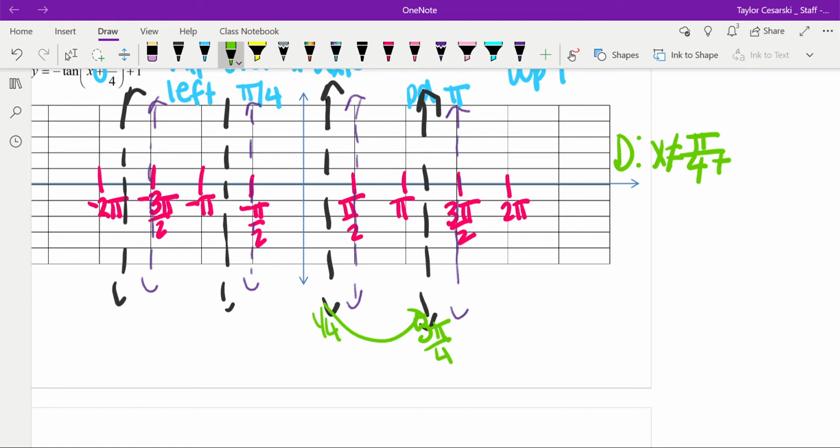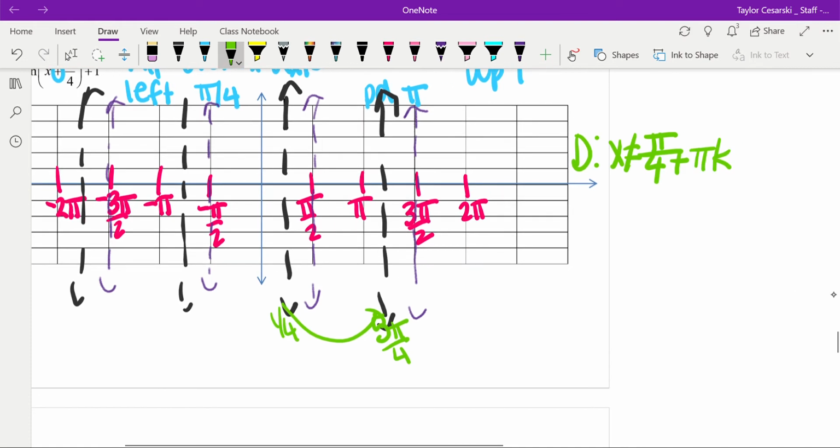So you can see that I added 4/4 right there. So I'm going to basically add a pi each time. So plus pi k, where k exists as an integer. Okay? And you'll notice that that's the same as your period, because it's how often your graph repeats itself. And the range is, again, just negative infinity to positive infinity. And that's tangent.